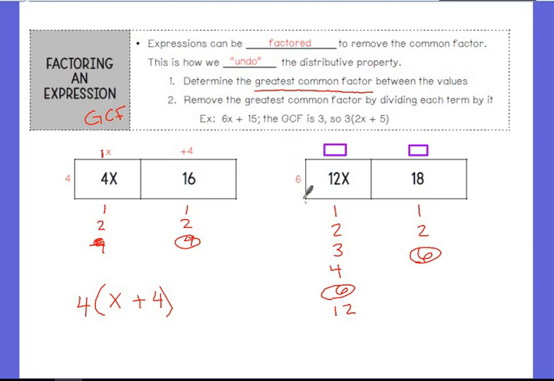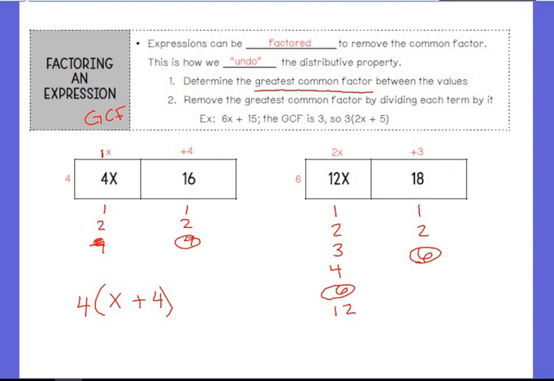Then you have to ask yourself, 6 times what gives me the 12? That would be 2x. I need a last name of x, so I had to include the x. Then 6 times what gives me 18? 6 times a positive 3 gives me the 18. So I worked backwards there to figure out what the problem was.